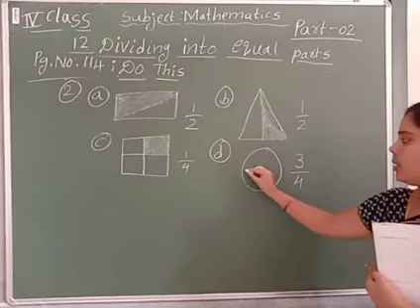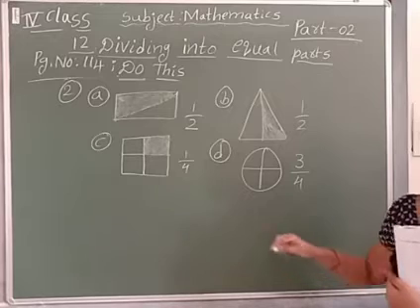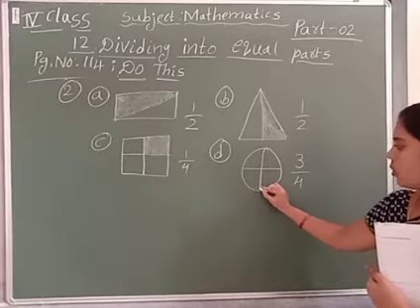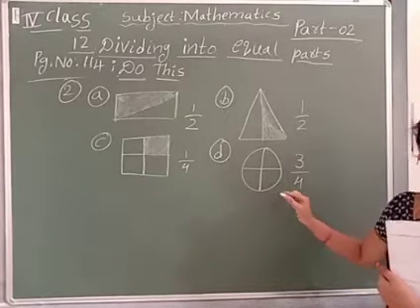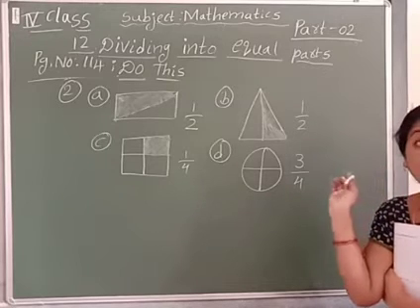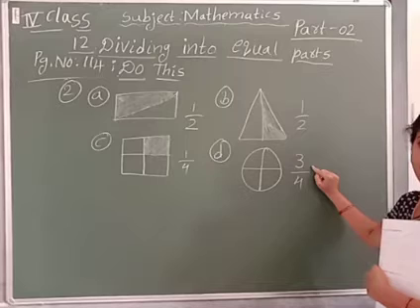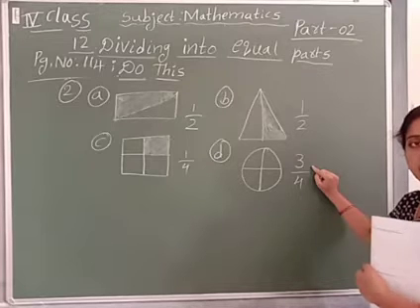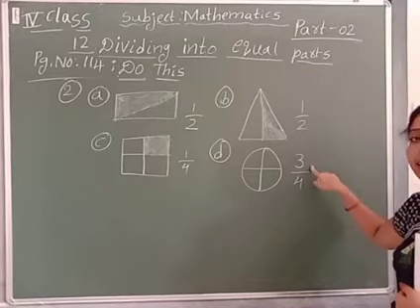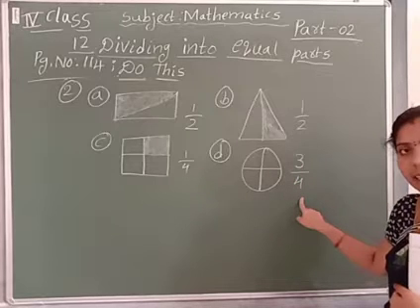So how many parts will be divided? 4 equal parts. In these 4 equal parts, how many parts will be shaded? What is the numerator number? That many parts only will be shaded. Understand? We shade only the numerator number of parts, not the denominator part. Understand?